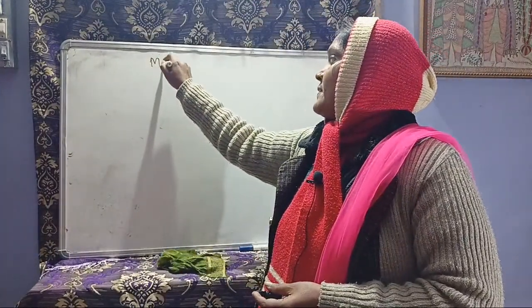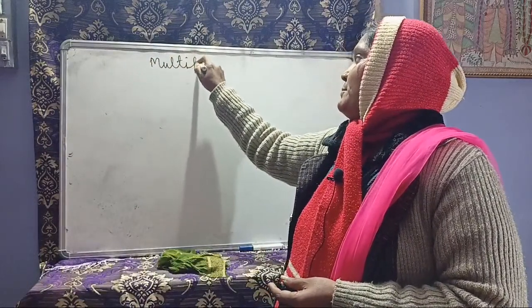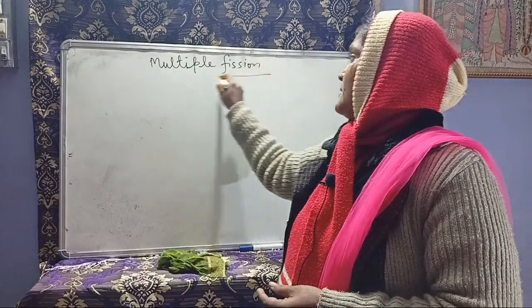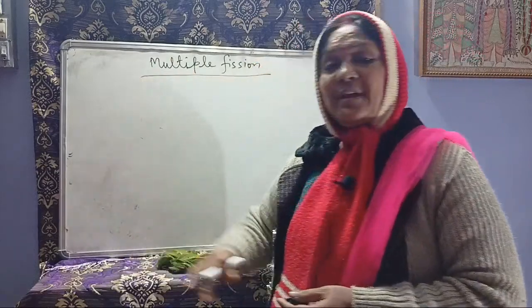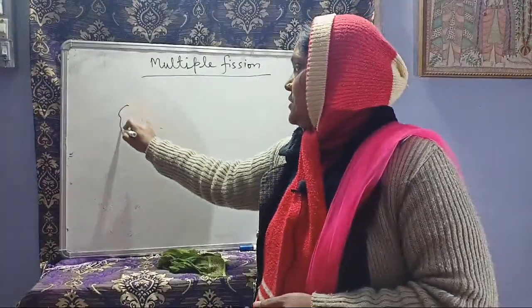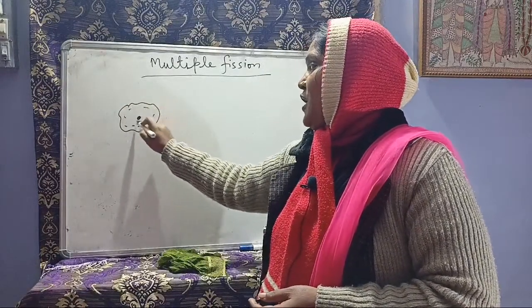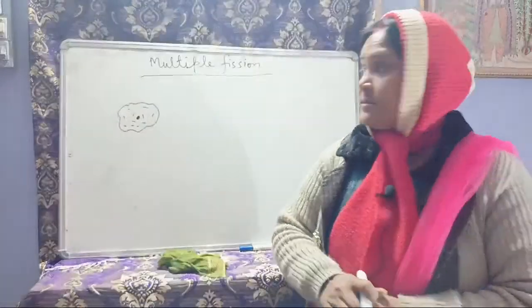Multiple fission: a unicellular parent divides to form many daughters.